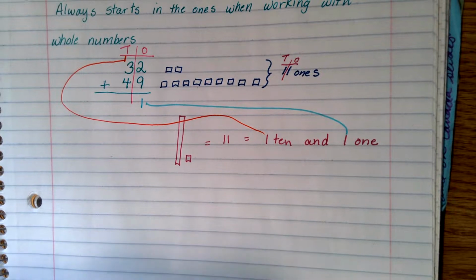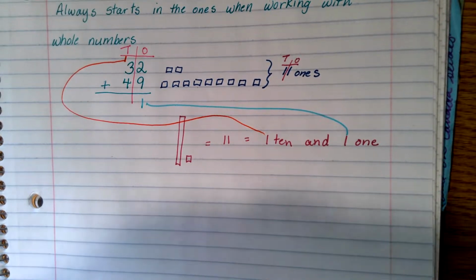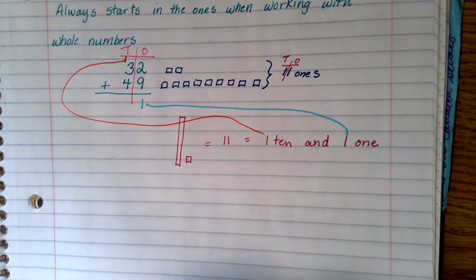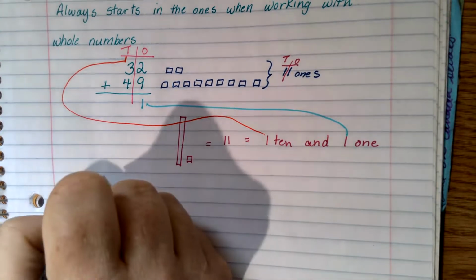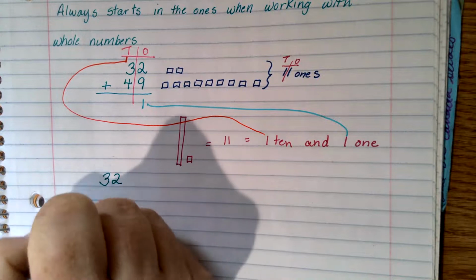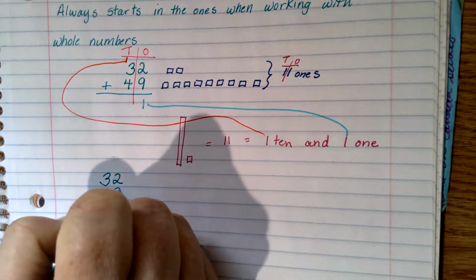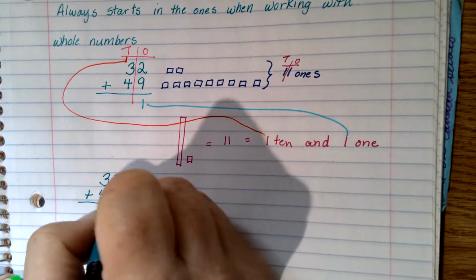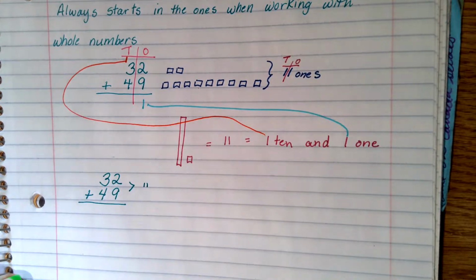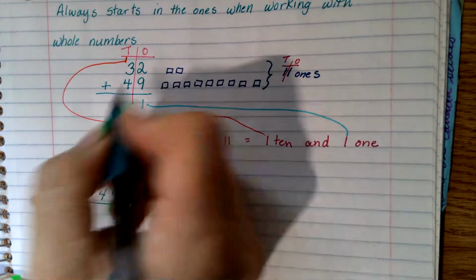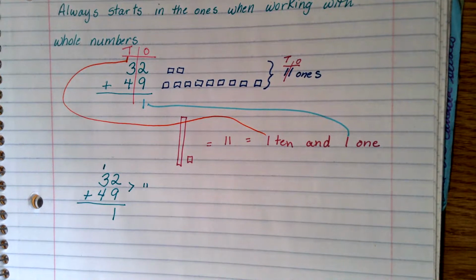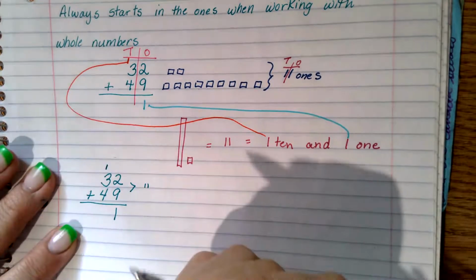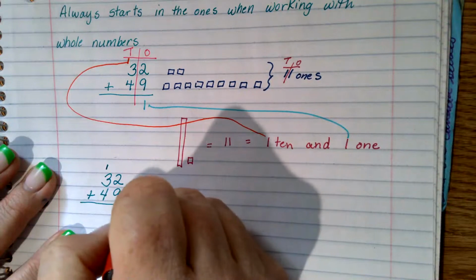So what our equation should look like now: we still have 32 plus 49. But we found out that these two numbers together equaled 11. We put 1 here, and then we put a little 1 up here to add to our tens column. Again, ones look like this.